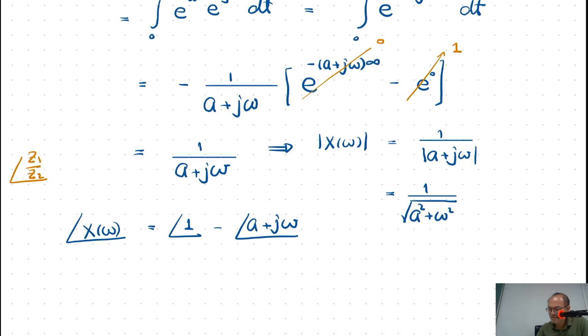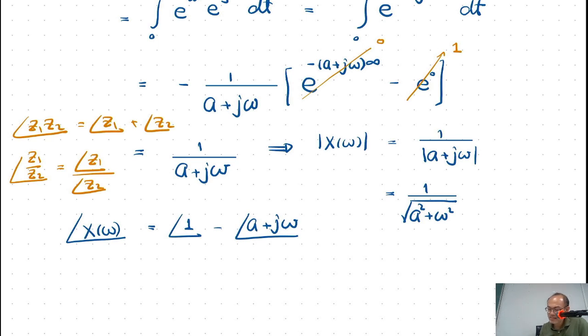If you try to find the phase of z1 over z2, the result would be the phase of z1 minus the phase of z2. And the phase of z1 times z2 is just the phase of z1 plus the phase of z2. This is from complex numbers. I'm not sure if you remember this.